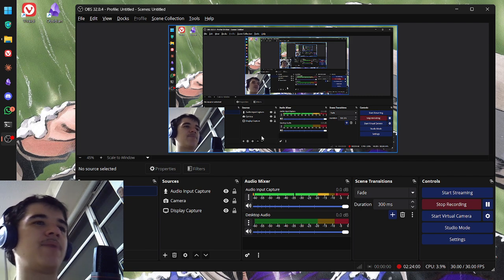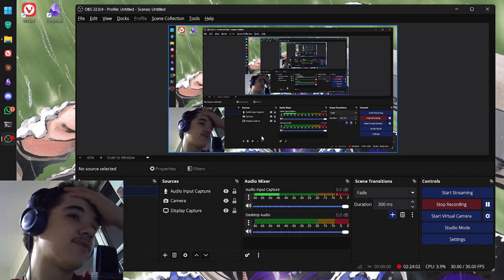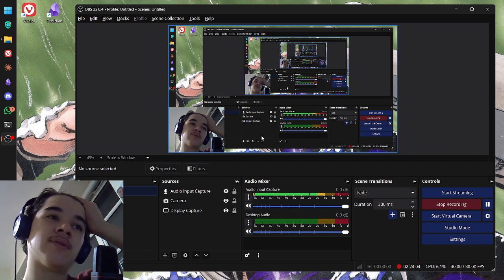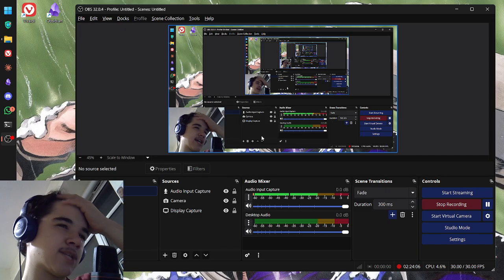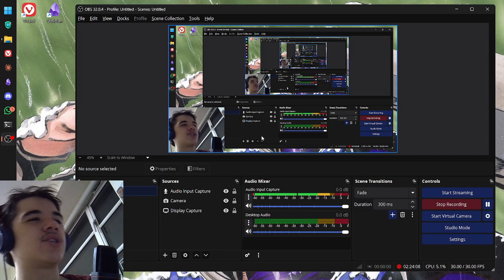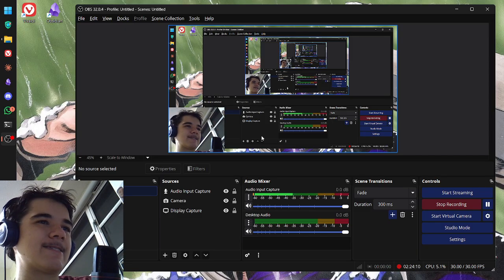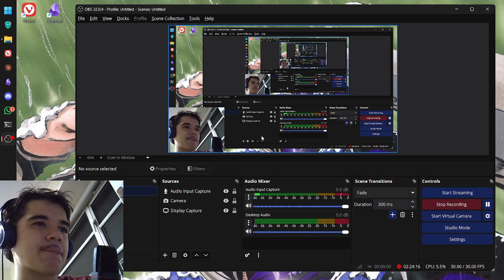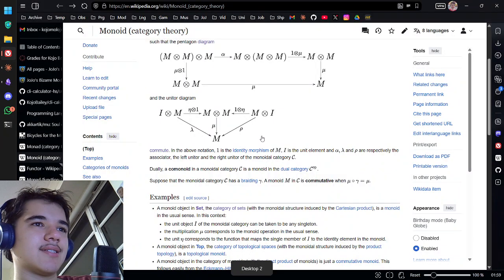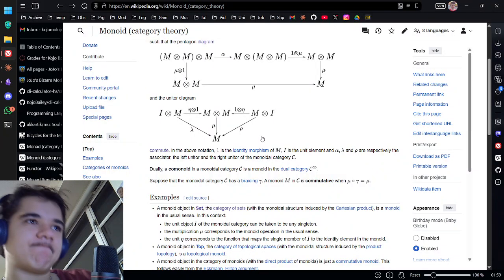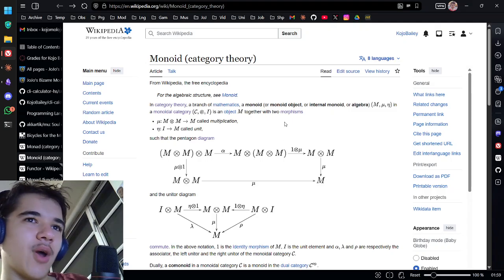If Wikipedia doesn't have good summaries for people who aren't experts already, it kind of shows that it hasn't really been formalized enough or understood well enough by people to have that concrete stuff. Okay, holy moly.